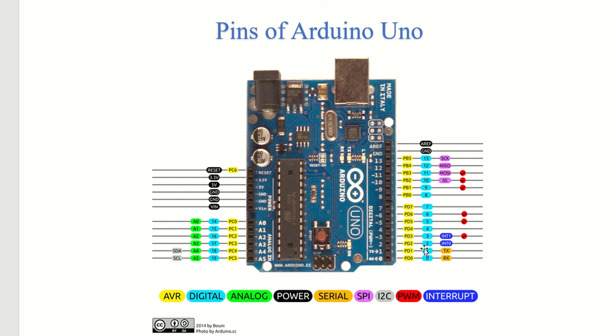So please read and understand the board pin layout first, and also study the connection diagram very carefully before working with these boards, or else you might blow the board. In technical terms, you might damage the boards, and it can cost you a few dollars or a few rupees.